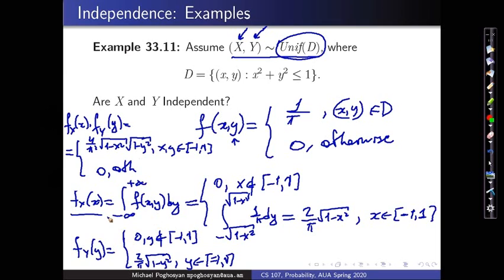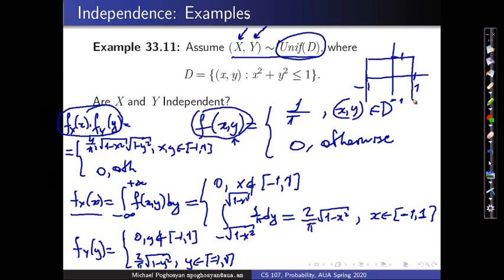Now you can see that even the supports of these two functions are not the same. The support of the product of marginals is [-1, 1] times [-1, 1], which is the square.